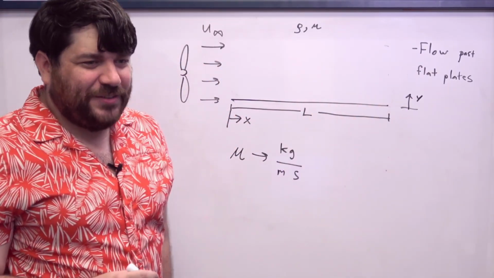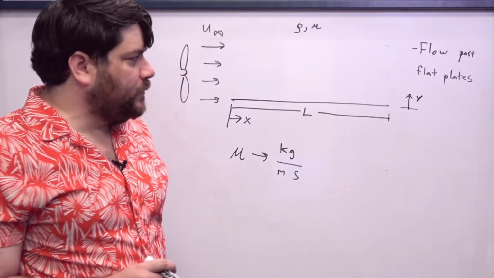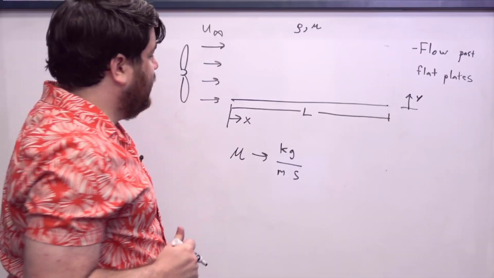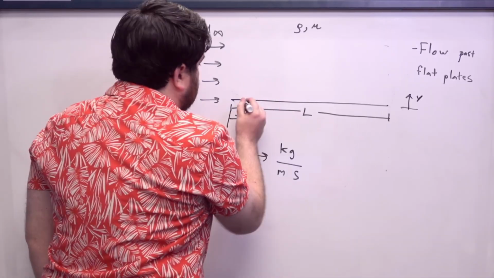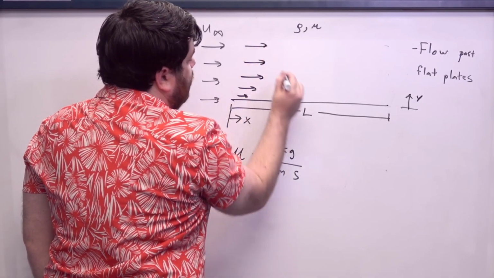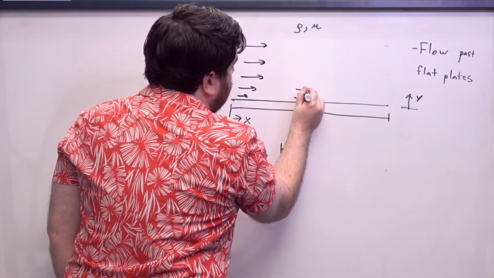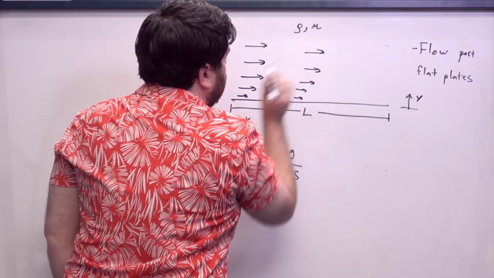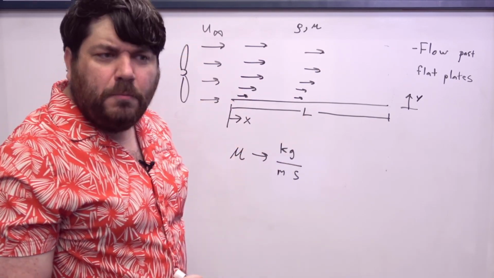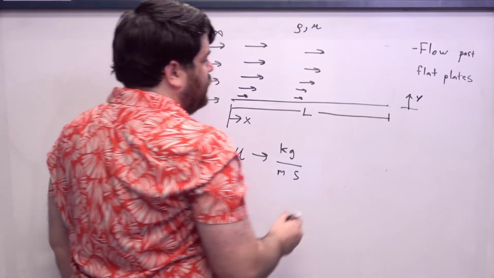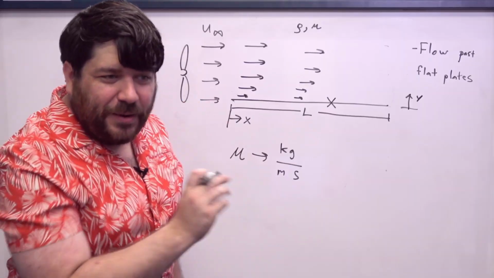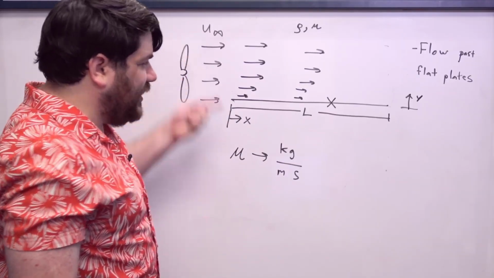One thing that is very interesting that occurs inside of fluid mechanical systems, and this doesn't just happen for flow past flat plates, it happens for a bunch of them, is that if the plate is long enough, for a while the flow will look a little bit like this, with the velocity boundary layer increasing. But what eventually starts to happen is that you reach a point, if the plate is long enough, where you experimentally start to observe that even though this flow is nice and orderly, right?